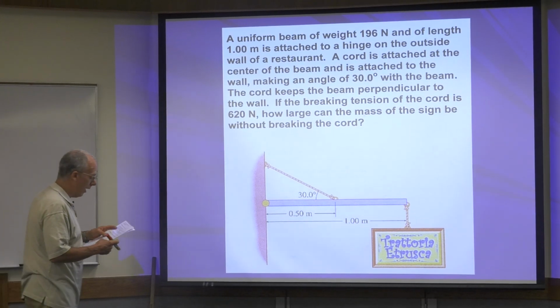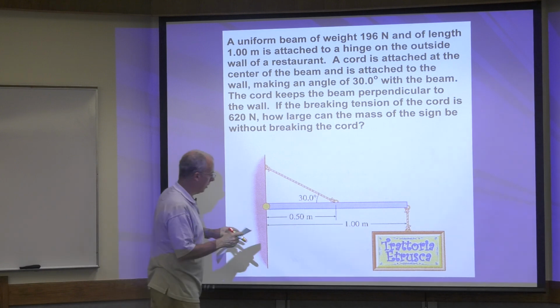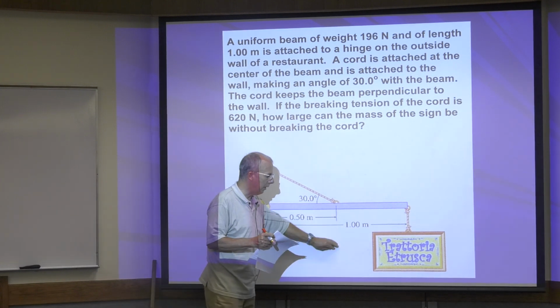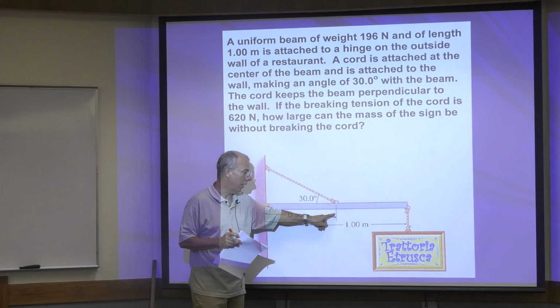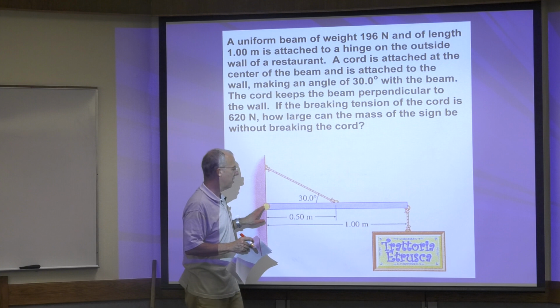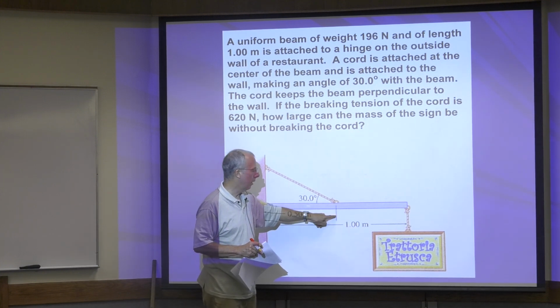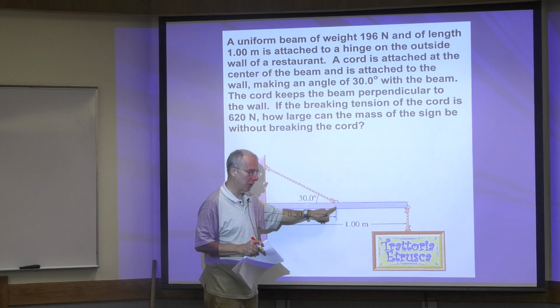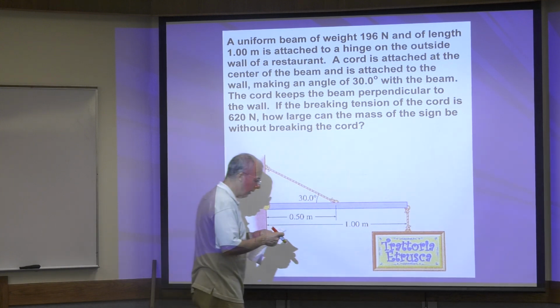And what are the forces acting on the beam? There's gravity, which we're going to draw at the center of mass. We have to be careful now. When you just had point particles, we just drew it, right? But when you have extended objects like a beam, you have to draw the weight at the center of the object, at the center of gravity. So we have the weight of the beam.